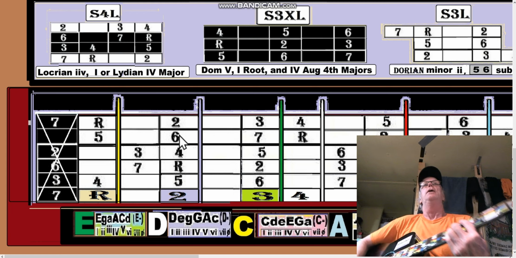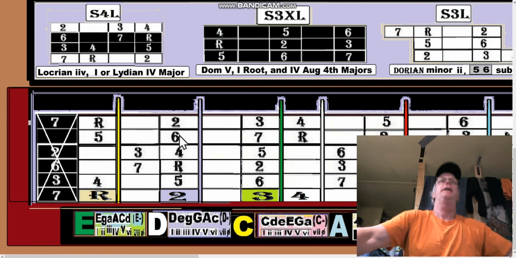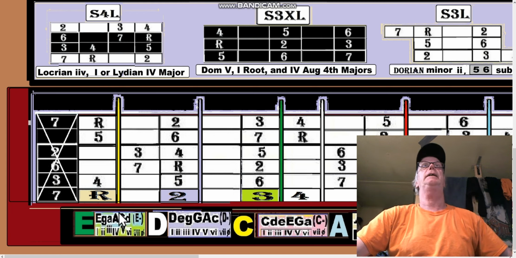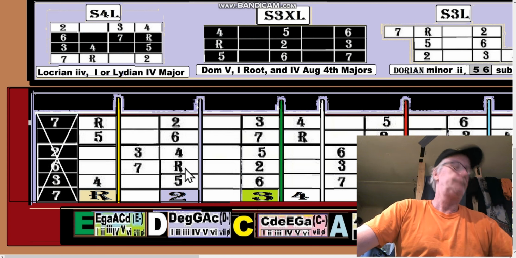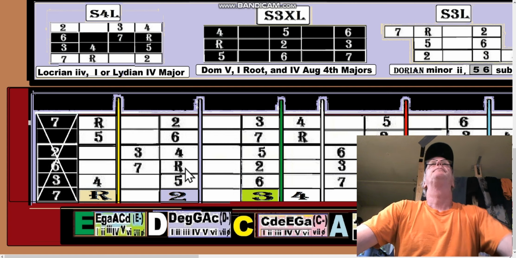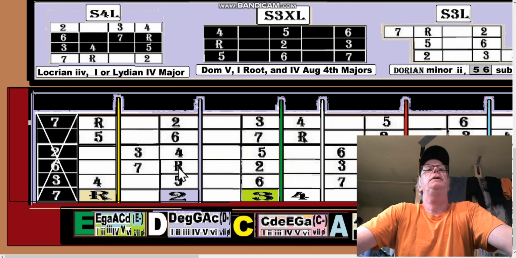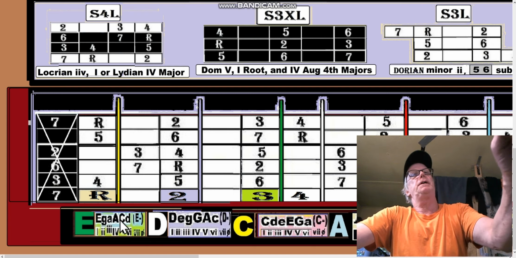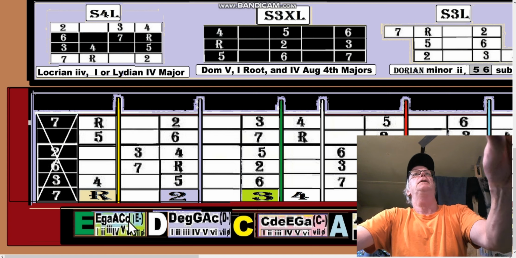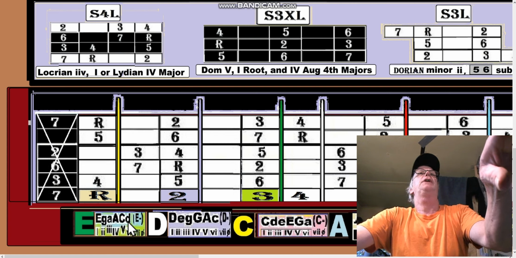Okay, so we have a shaped fourth there in the second inversion. So it's root 4 6, and then we move on up the pentatonic scale to a D minor shaped sixth.